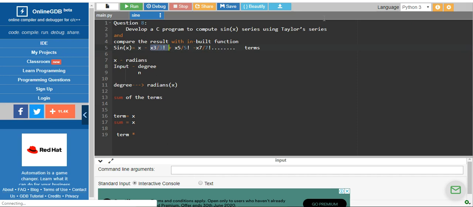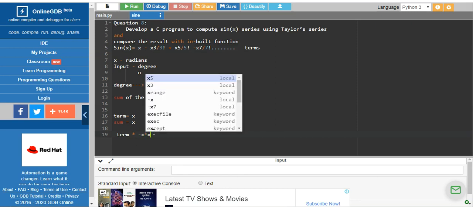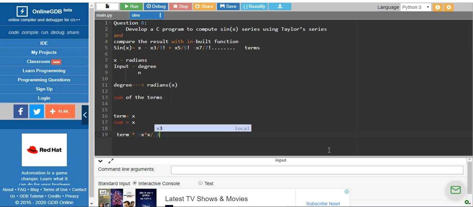That is nothing but x cube. So the term value x is already there, and we need only minus x star x, that is nothing but x square, divided by 3 factorial, which is 3 star 2 star 1.